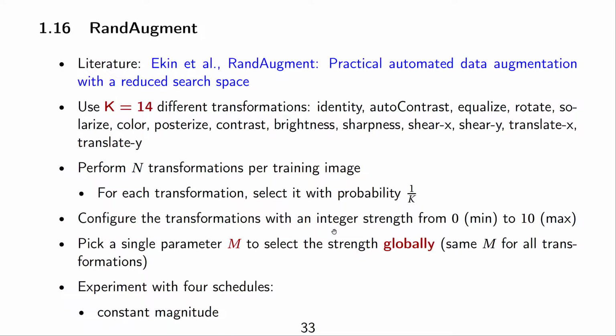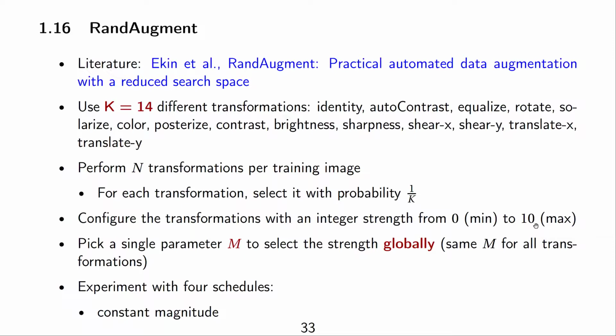For example, for the rotation, you would need to find out what's going to be 0, what's going to be 10. So designing these transformation strengths is some work you have to do up front, and this requires some form of probably fiddling around with the individual transformations, because you need to select the strength so that they're somewhat comparable.